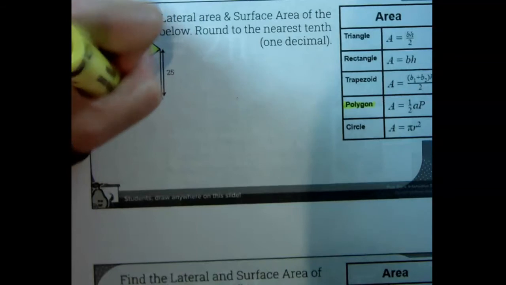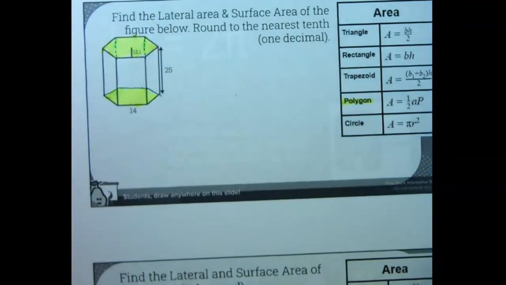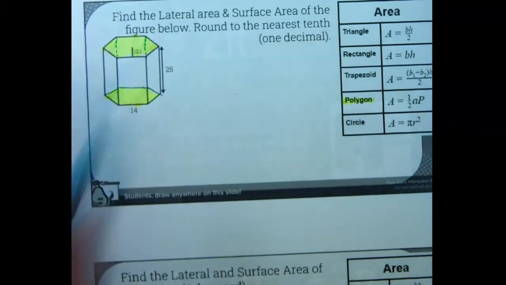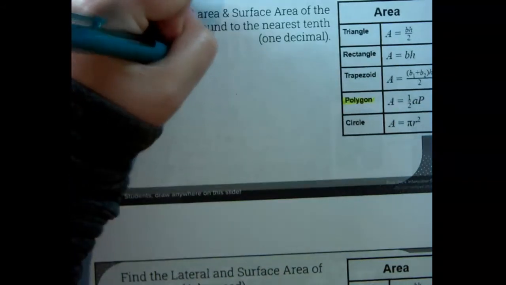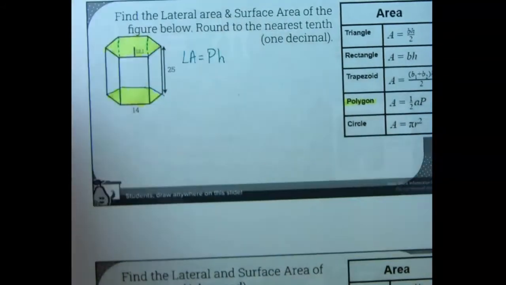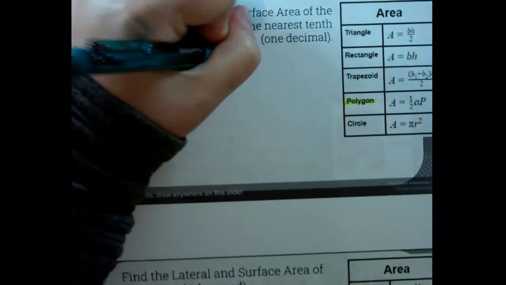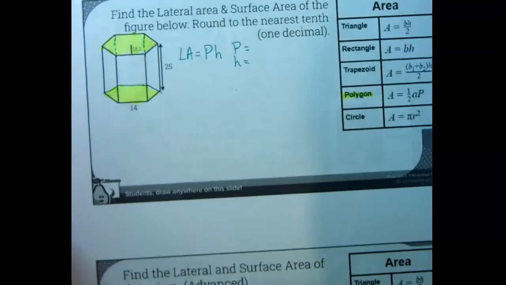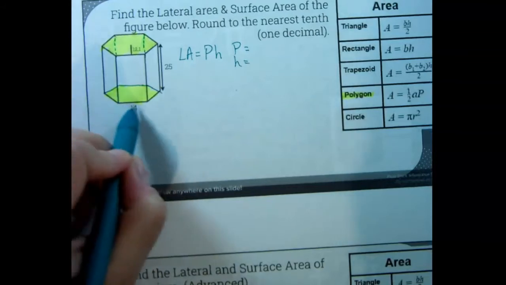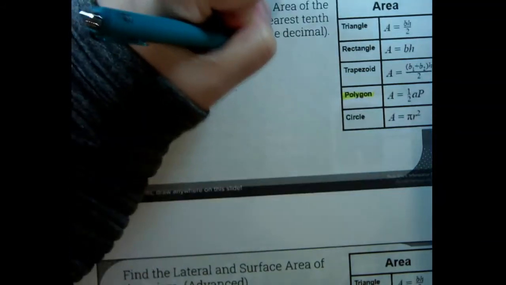And then what I'm doing is I'm highlighting the bases, just so you can see them a little better. So we've got a hexagon on the top and the bottom. And we need to figure out the perimeter of that base so that we can determine our lateral area. So the perimeter and the height are the 2 things that we need. So the perimeter, each side is 14.